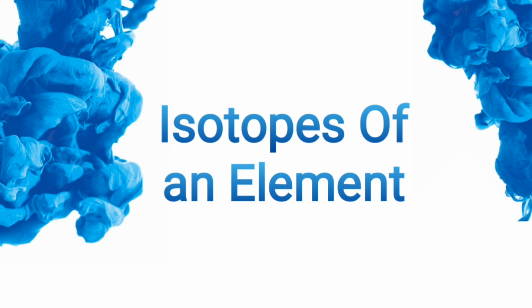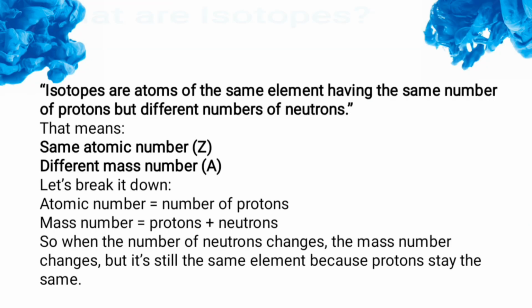Why is that, my dear student? It is because of isotopes. So, my dear student, by the end of this lecture, you will know everything about isotopes of an element. So, let's begin.